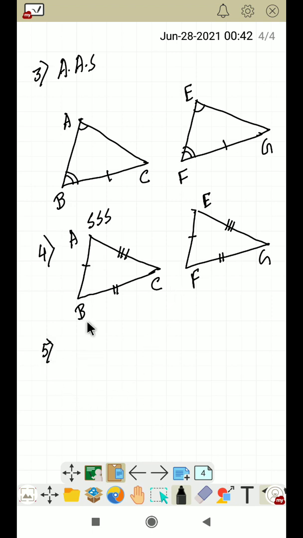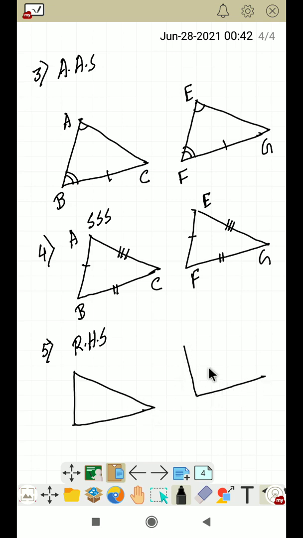Now the last property is RHS. That means R for right angle, H for hypotenuse, and S for side. Suppose this is a right angle triangle. There is another right angle triangle. This is ABC and this is EFG.